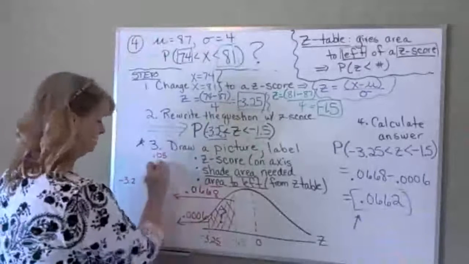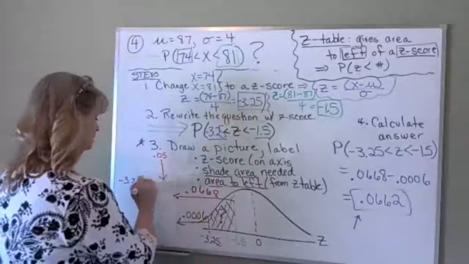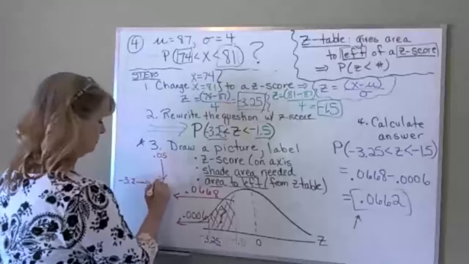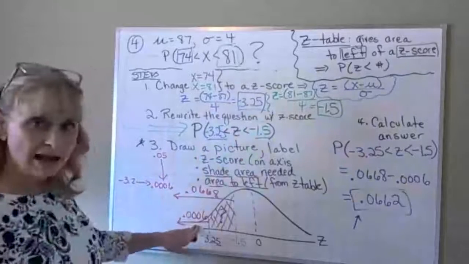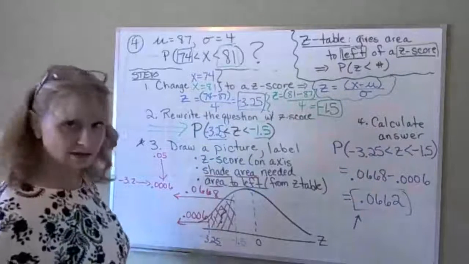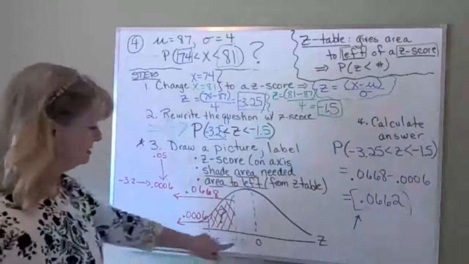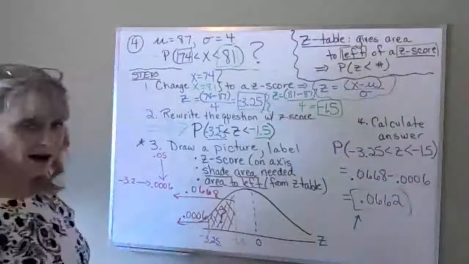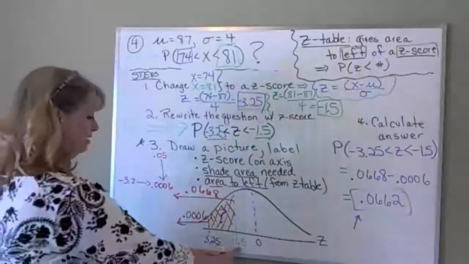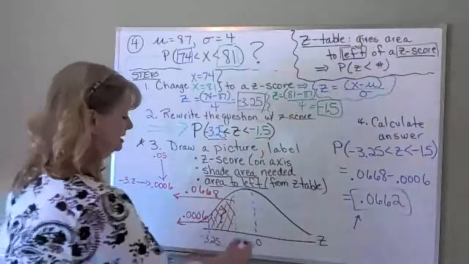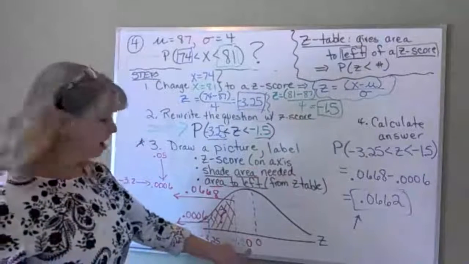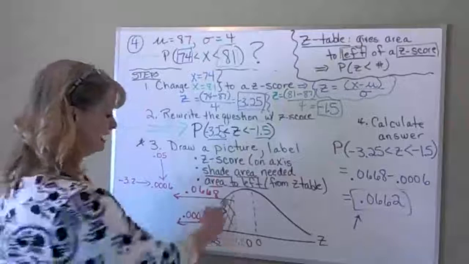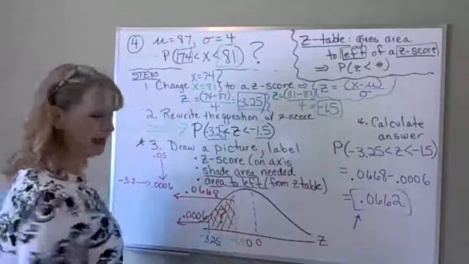The number in the hundredths place tells you which column. Cross-referencing that, the number was 0.0006. That gave me the area to the left of that z-score. And I did the same thing for negative 1.5. So for this one, I'm cross-referencing negative 1.5, and I'm looking down the 0.00 column. And that gave me the area to the left of that z-score.